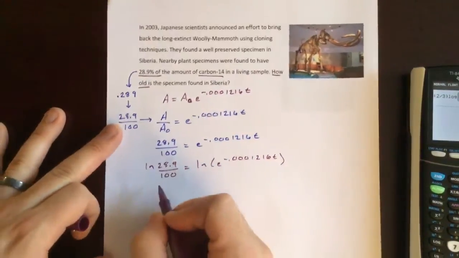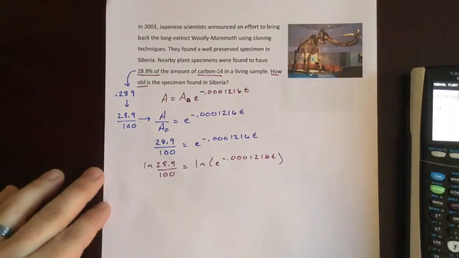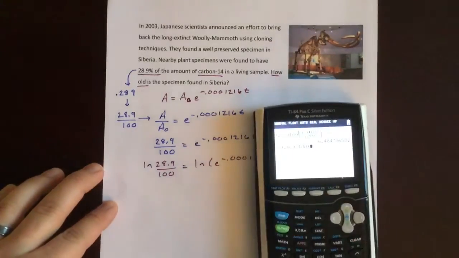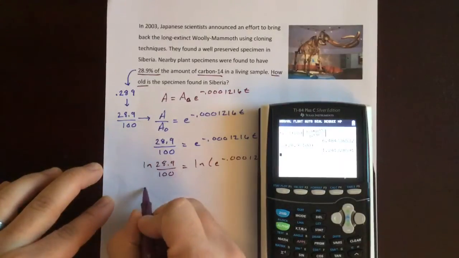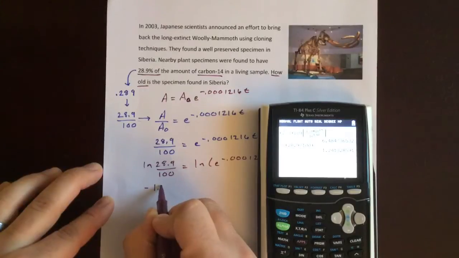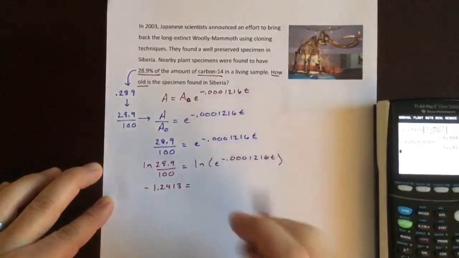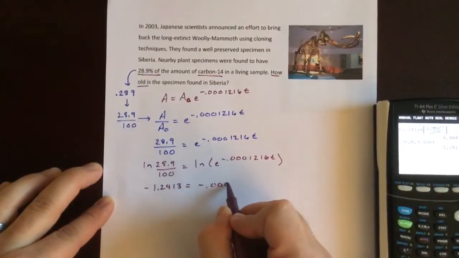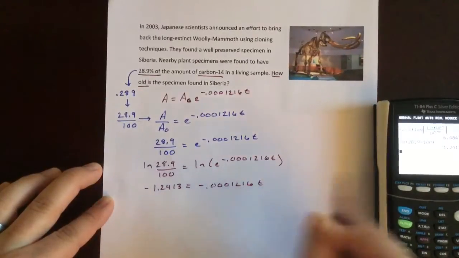Okay, so in doing so, we find negative 1.2413, and then we get just negative 0.00011216, and we divide.